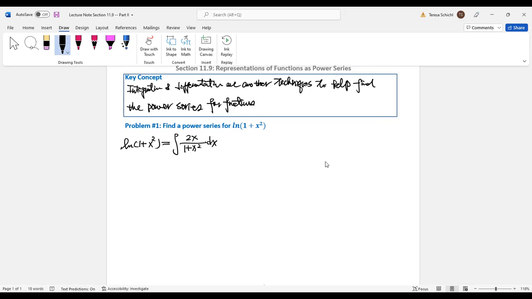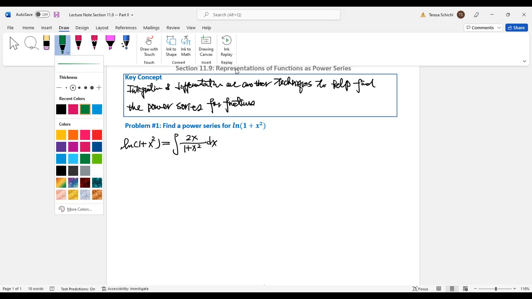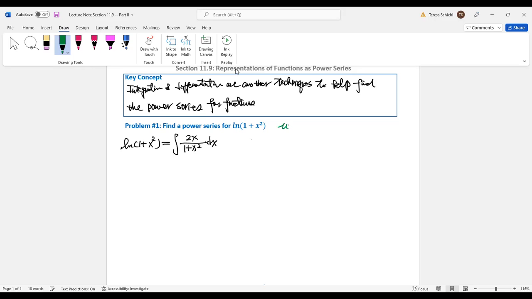If you do a simple u-substitution, say u is equal to 1 plus x squared, then du is equal to 2x dx. So the whole thing is just the integral of du over u, which is natural log u, and that is natural log of 1 plus x squared.